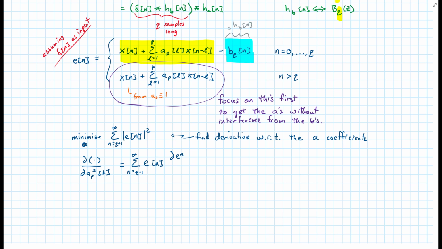This would be the derivative of e star of n with respect to a star P of k for k equals 1 to P, and that gives us e of n x star of n minus k equals 0, once again for this same range of k.